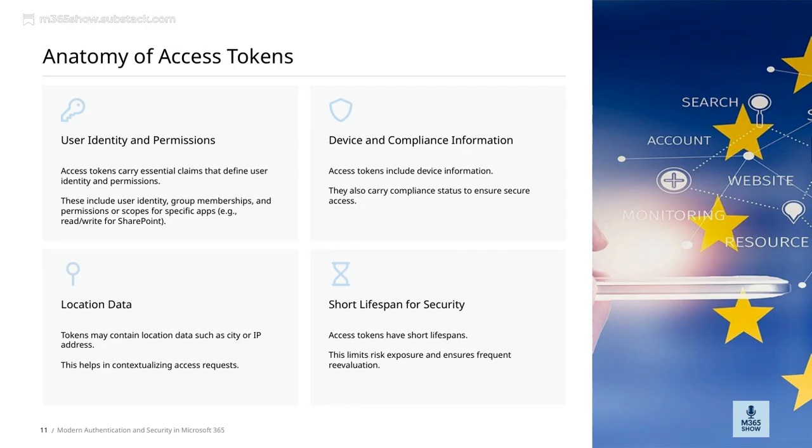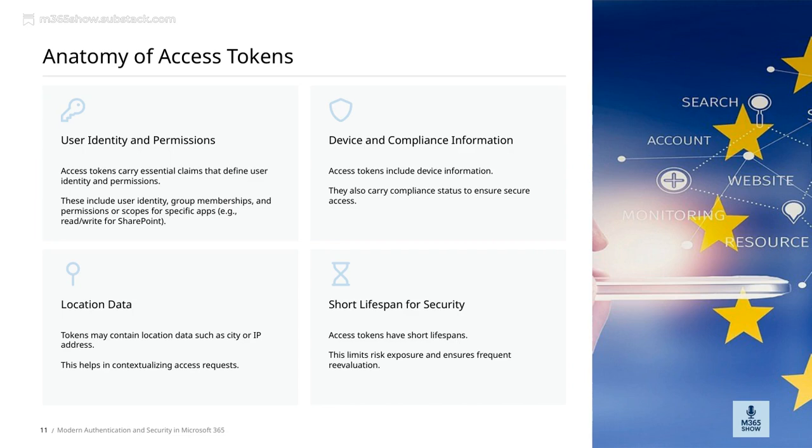It helps keep our environment secure by reducing the window of opportunity for potential misuse. Next, these tokens can contain location data, such as the city or IP address from where the request originates. Including this information allows us to contextualize access requests, making it easier to spot unusual activity or enforce location-based policies.